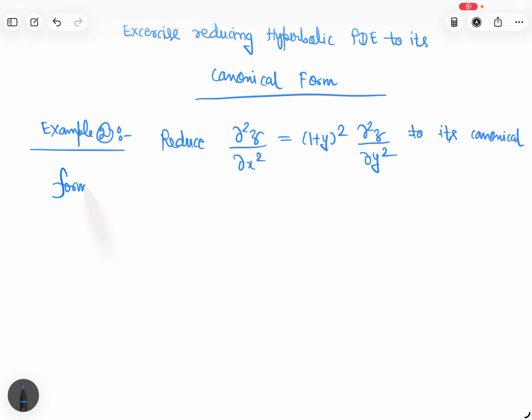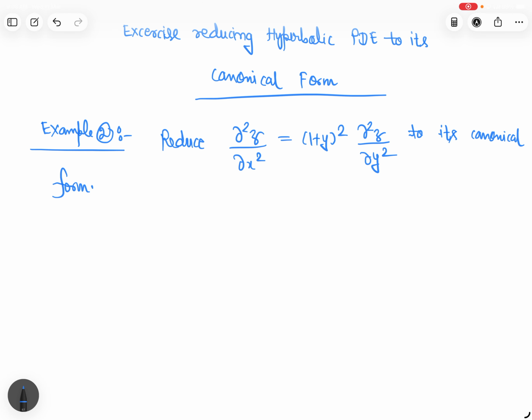First we have to check whether this is hyperbolic, because first we are studying hyperbolic, how to change it to its canonical form. Similarly we will study how to change parabolic to its canonical form. Later on we will see how to change elliptic PDE to its canonical form. So we are on hyperbolic.